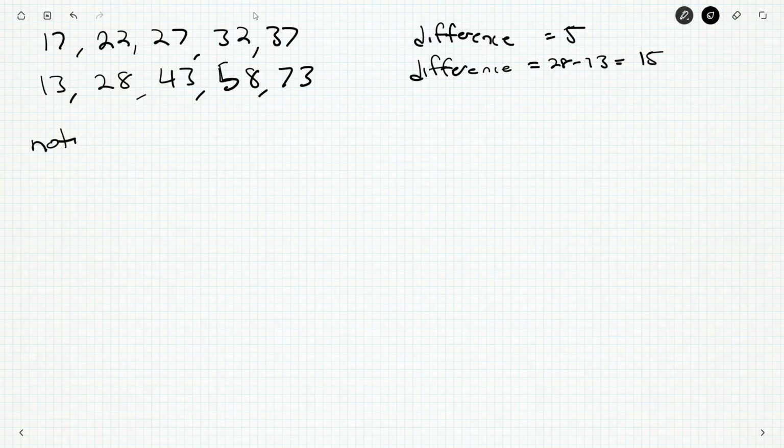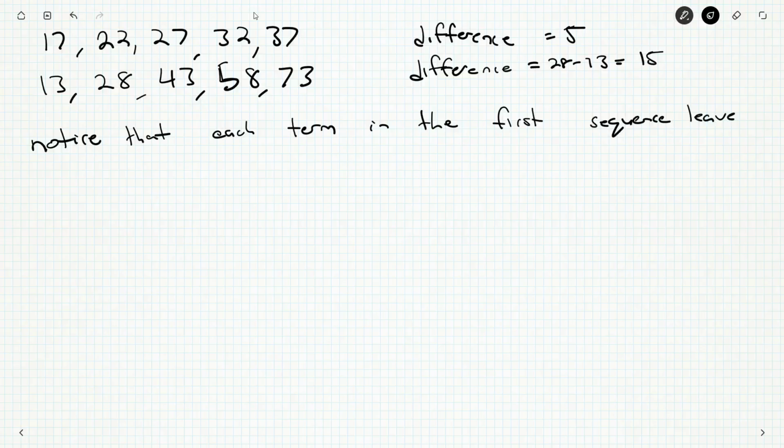So notice that each term in the first sequence leaves a remainder of 2 when we divide by 5. This is a nice, quick observation to make. If you wanted to justify it a bit more, it's because we add 5 to each term, so the remainder isn't going to change. But I think this is perfectly fine to say.